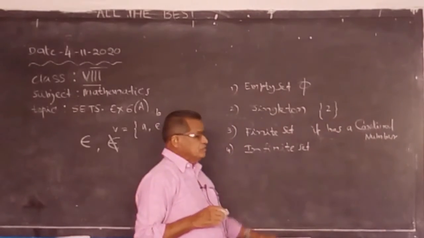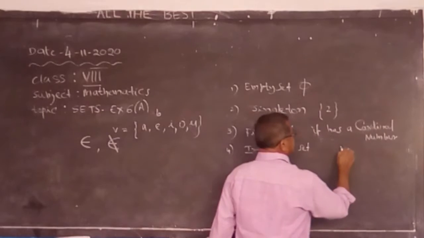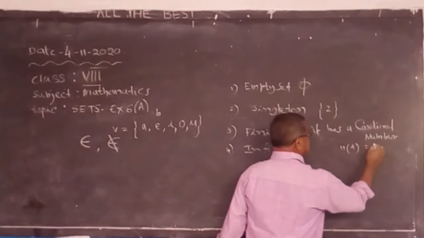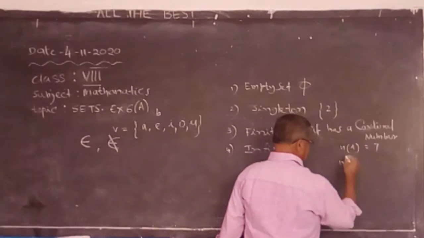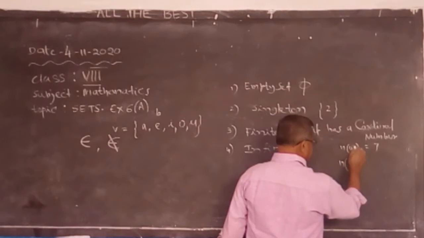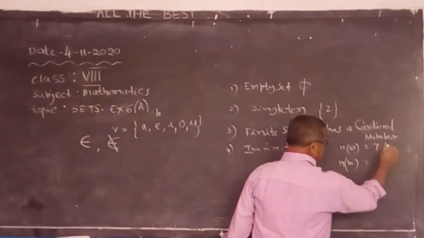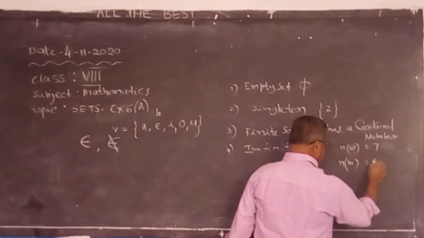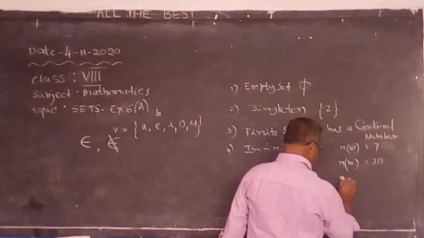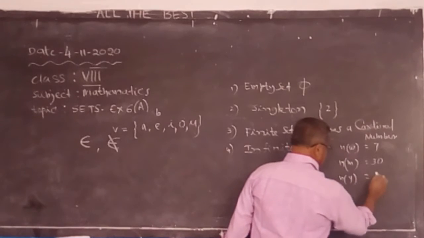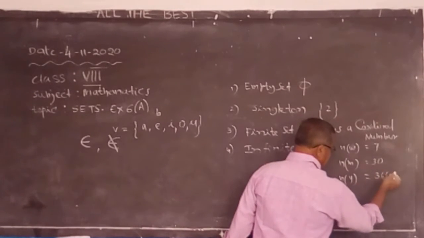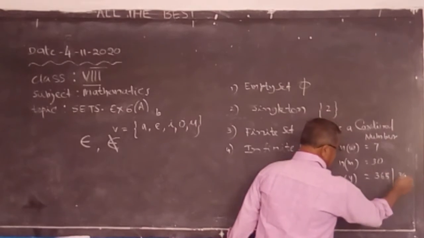Days of the week. Generally, we represent set A as containing 7 days. In a week there are 7 days. In a month there are 30 days or so. In a year, 365 or 366 for a leap year.